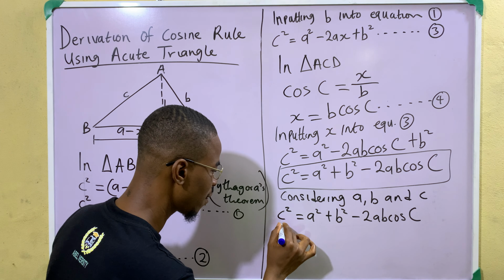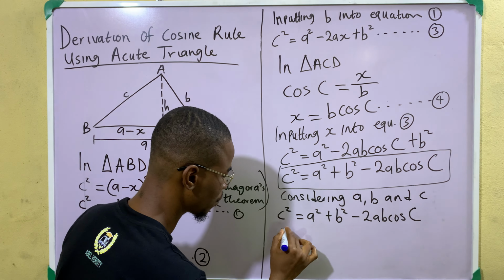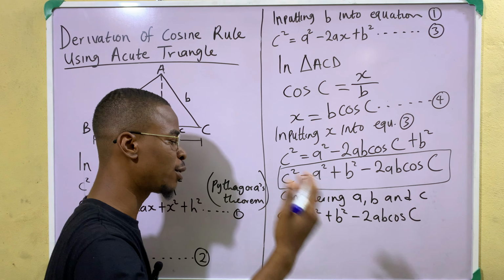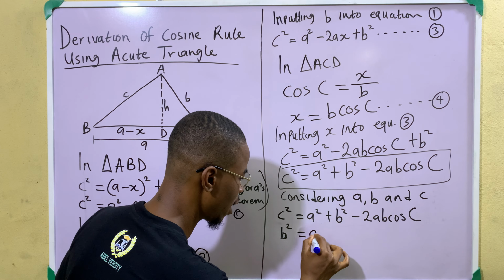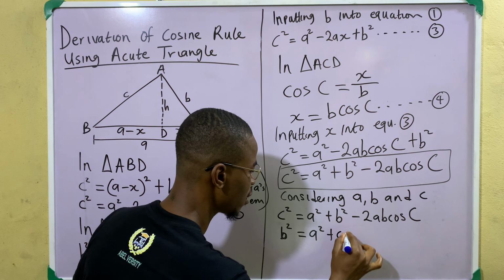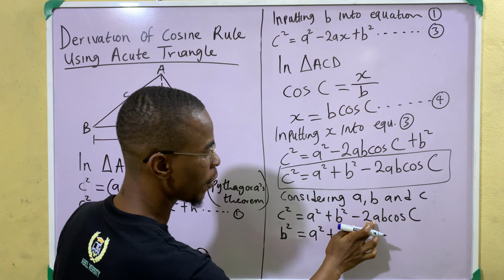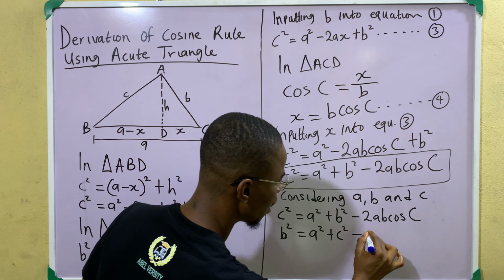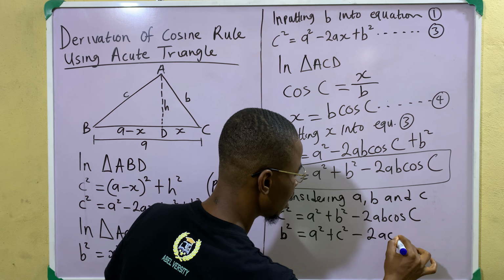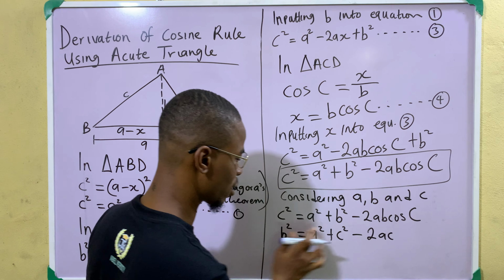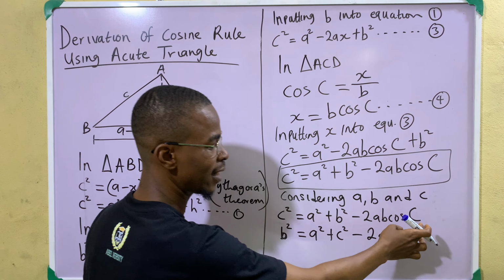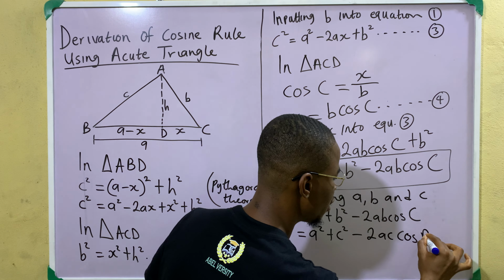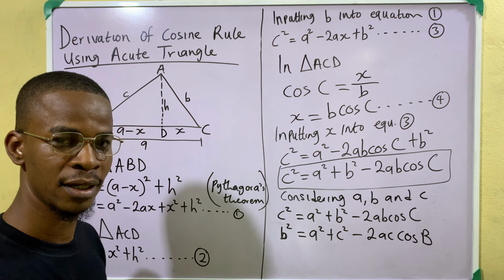So b squared is going to be equal to those sides that are not b, which is what? a and c. I'll say a squared plus c squared minus 2 multiplying a and c, cos what? This is small c for the side, and here I have the angle, so I will have cos big B.